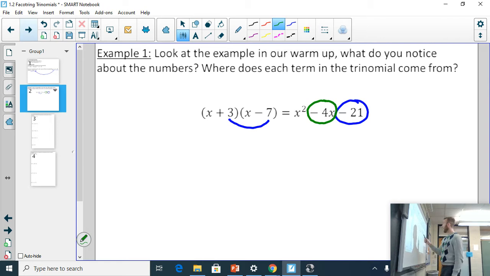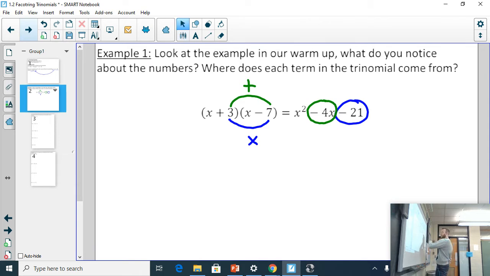That negative 4x actually comes from adding those things. So notice we have multiplication in blue and addition in green. Those two numbers multiplied together get negative 21 and added together get negative 4x. So let's keep that in mind moving forward.